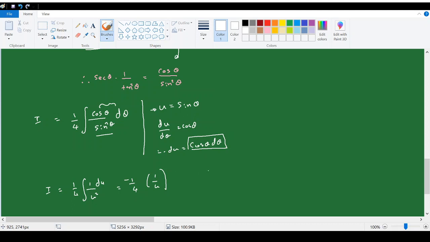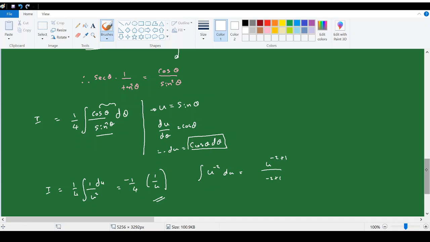Because you can rewrite 1 over u squared as u to the power negative 2 du, so it will be equal to u to the power negative 2 plus 1 divided by negative 2 plus 1, right, which is this. And yes, so now we have found the answer in terms of u, right?